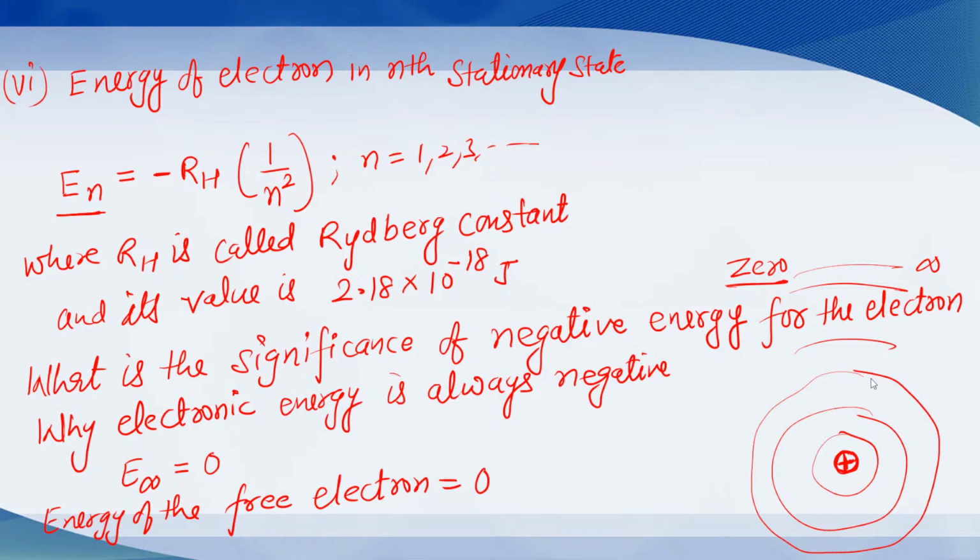Now, when this electron is in the atom, that means it is in one of the levels closer to the nucleus, any level of the atom. If the electron is in that energy shell, then it is in attraction with the nucleus. So that means the electron comes back from infinity to that particular shell.